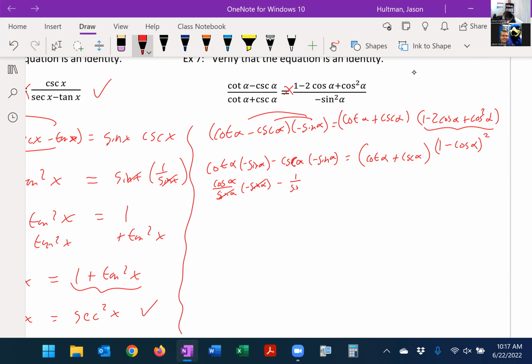Minus 1 over sine alpha, that's cosecant, times negative sine alpha. Once again, these sines cancel. So what are we left with? We're really just left with negative cosine alpha minus 1 or plus 1. That's kind of cool. So this just becomes 1 minus cosine alpha on that side.